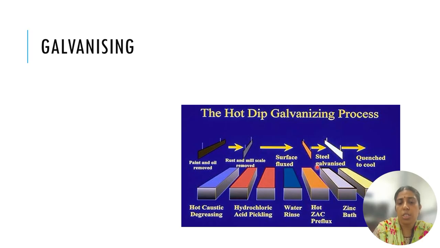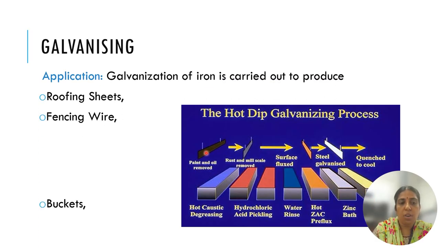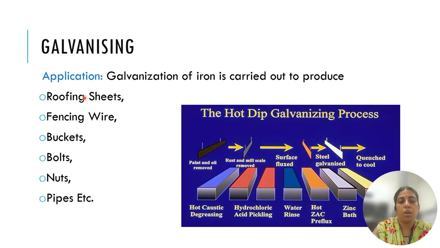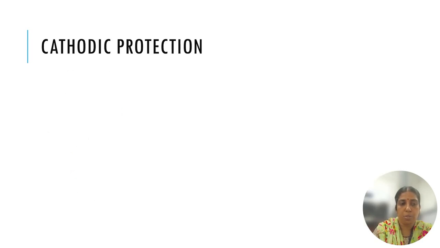It is dipped in the zinc bath, after coating with zinc flux, at a temperature of 35 degrees Celsius, and the excess zinc is removed and it is quenched in chromic acid. Galvanization can be seen in roofing sheets, fencing wire, buckets, bolts, nuts, and pipes.